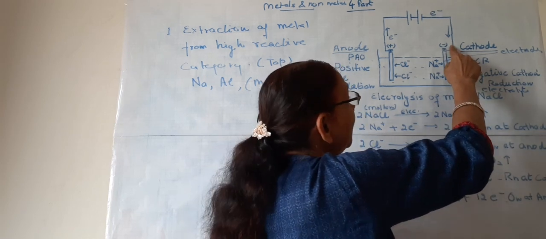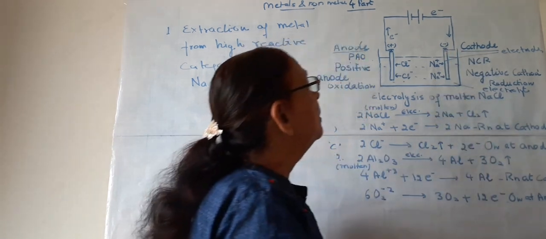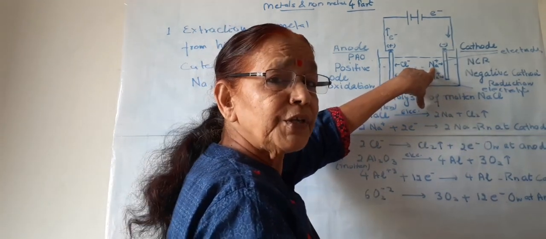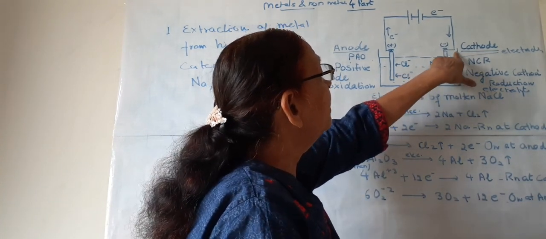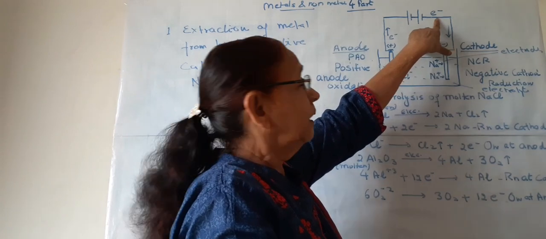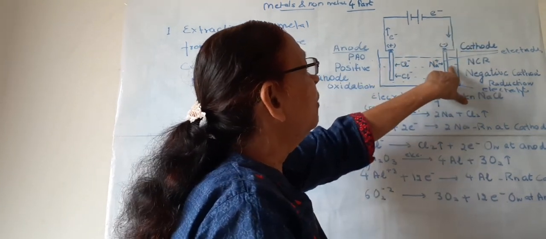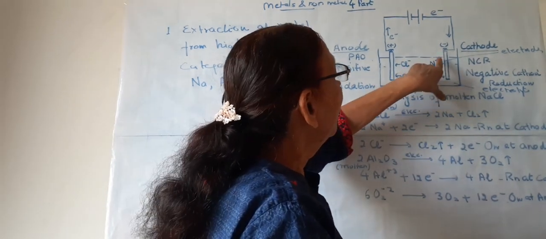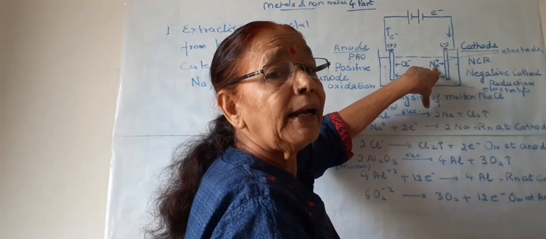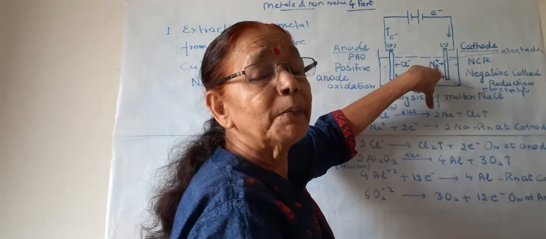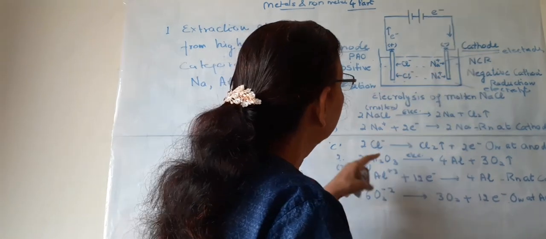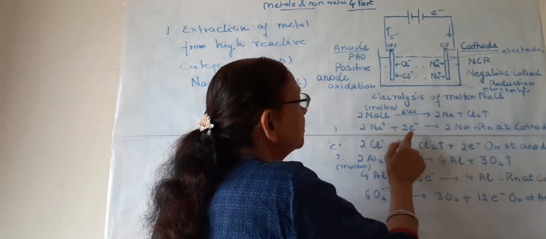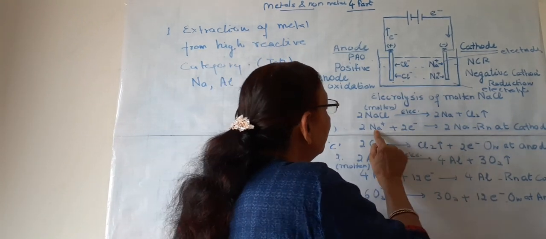Cathode is the negative terminal, and the sodium ions which are present in this solution are positively charged cations. These are attracted by these electrons which are coming from this side of the battery. Now these electrons are being taken by sodium ions and they become neutral. You can see here 2Na+, this is the cation, and it absorbs 2 electrons, 1 each.